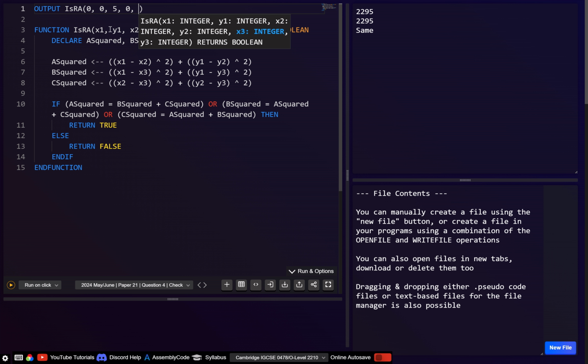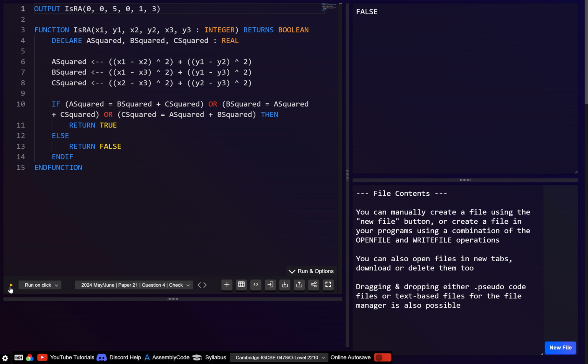And then this one will be on the y-axis with 0 x position, and let's say 3 for the y position. And this should say true. If, for example, we make this 1 x position, now it should say false. Okay, so I think this seems to be working.